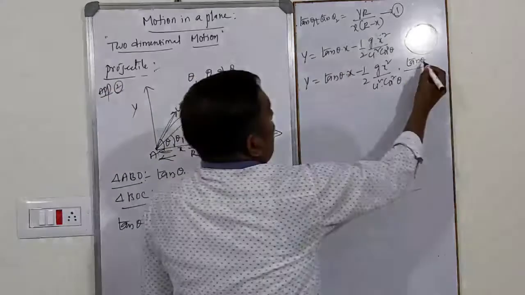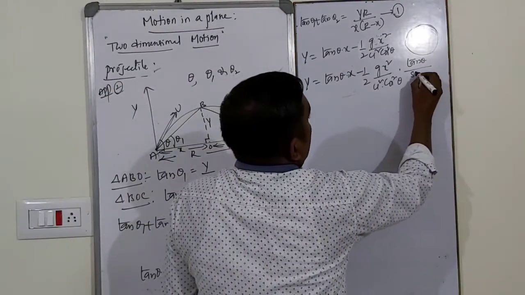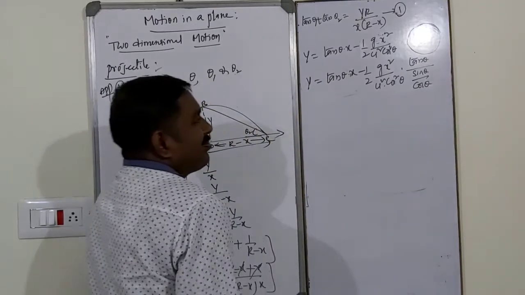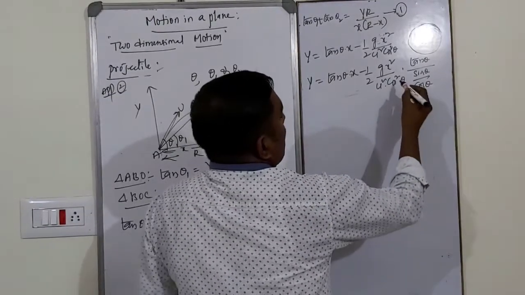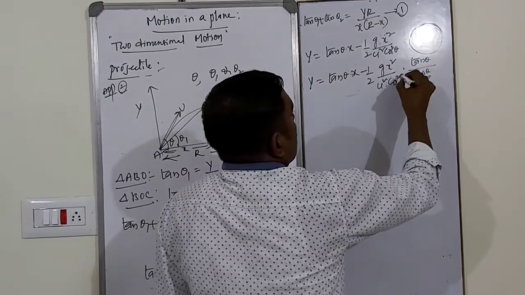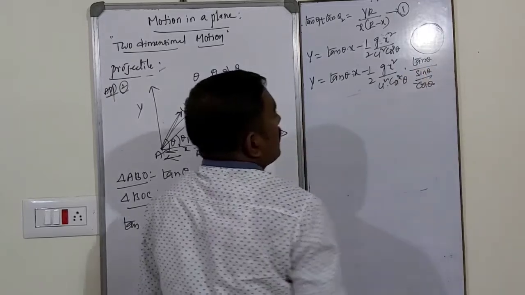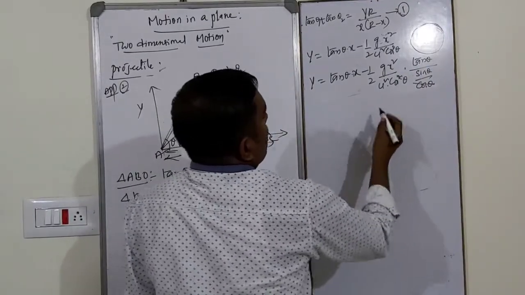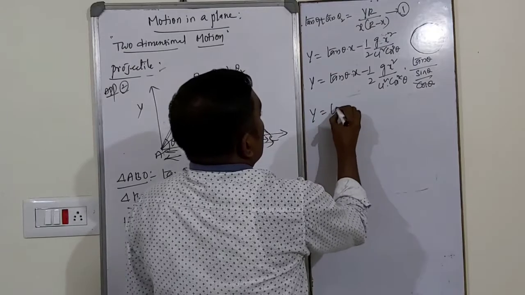So tan theta by tan theta is nothing but sin theta by cos theta. For simplicity, see, one cos square theta cancels out. So remaining, students, y is equal to what?